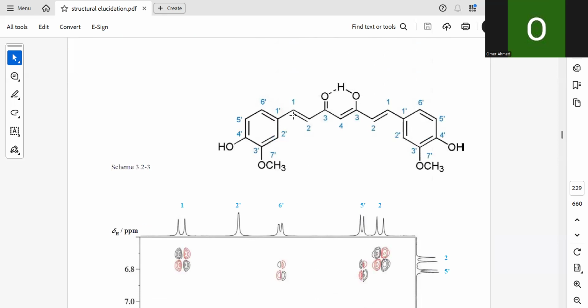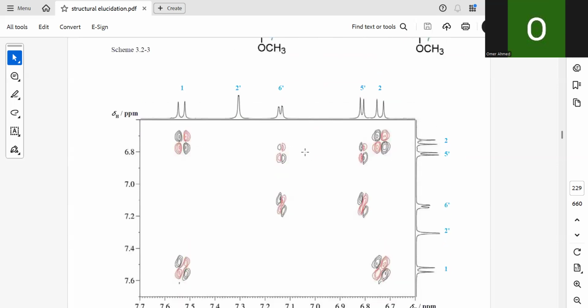Here, it is very clear. I know you have very nice COSY between 1 and 2, and should be between 5 prime and 6 prime. This is very clear for the COSY, because we have symmetry, so that it will appear as 4 cross peaks.